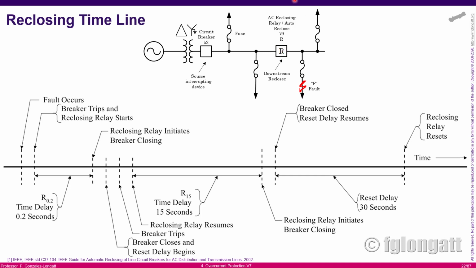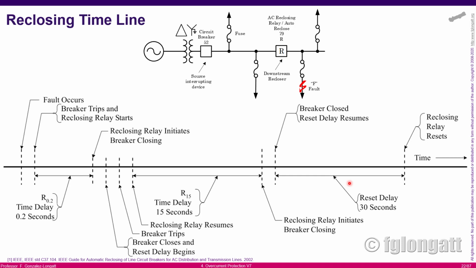In this case, what is shown on the horizontal axis is time. You can see in this case there are two auto-reclosing times, followed by a reset. Here you can see the first auto-reclosing attempt, the second auto-reclosing attempt, and then what we call the reset of the reclosing.